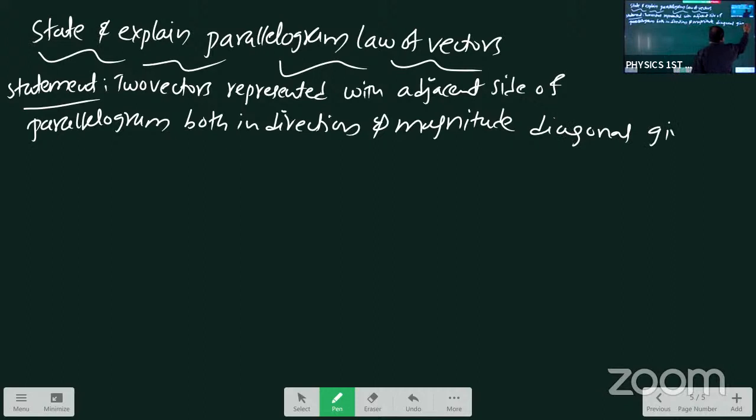The diagonal gives the resultant. Just the statement is finished.